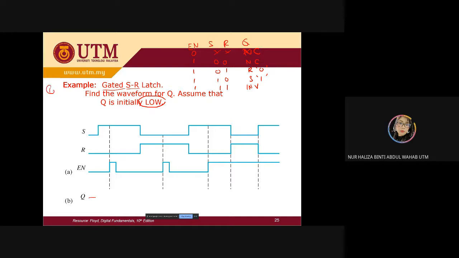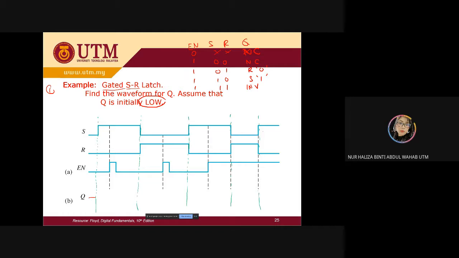So I put 0 first. First thing, what you need to do, you need to draw the dotted line. I go for my S first. This is my first dotted line I have here. And another dotted line. Another dotted line here. Another dotted line. And this another dotted line.